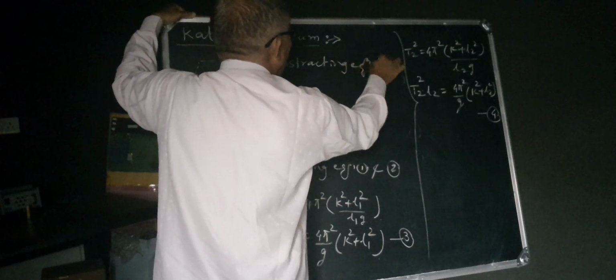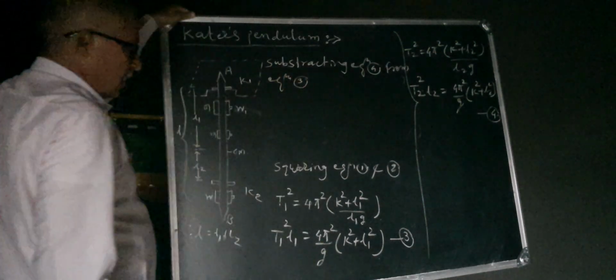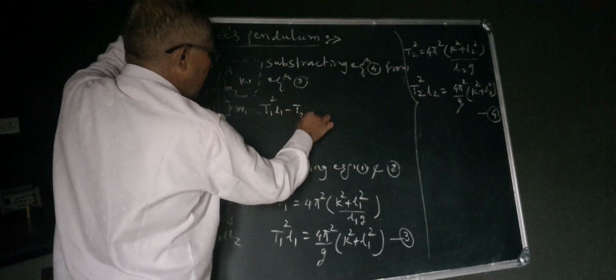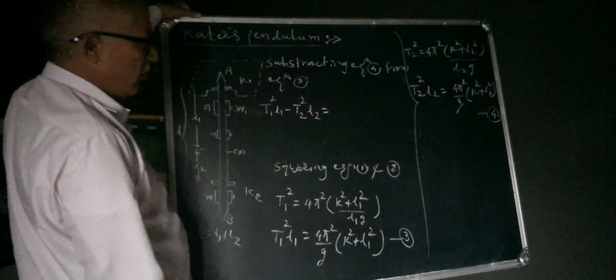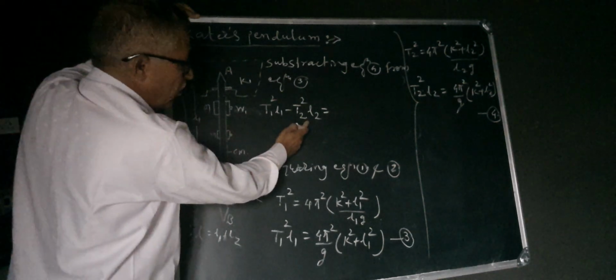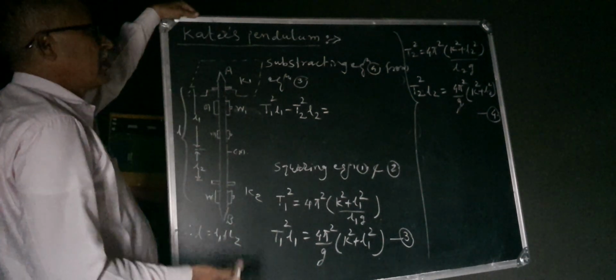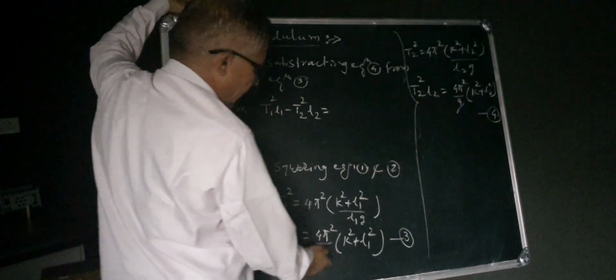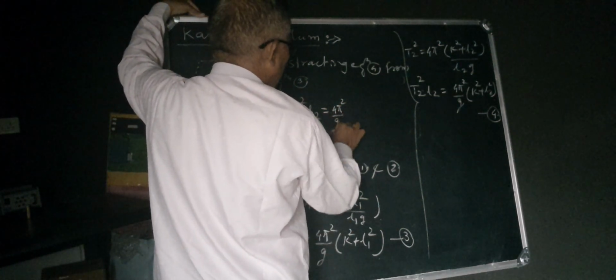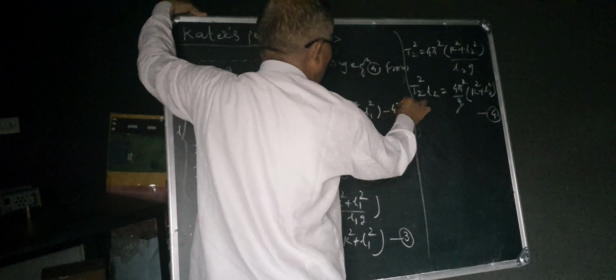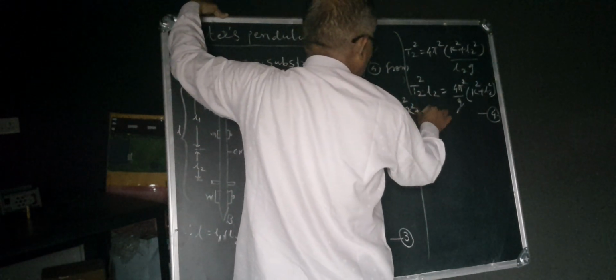Subtracting equation 4 from equation 3: the left hand side is T1 square L1 minus T2 square L2, that is, the left hand side of equation 4 is subtracted from the left hand side of equation 3, and the right hand side is subtracted from the right hand side. The right hand side is 4 pi square upon g into the bracket (k square plus L1 square) minus 4 pi square upon g into the bracket (k square plus L2 square).